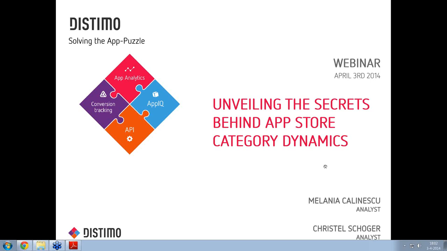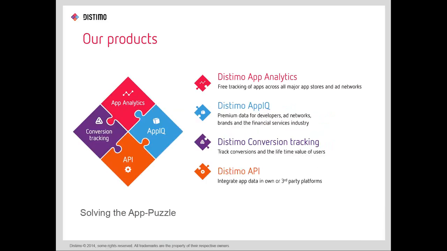All right. A few words about Distimo before we start to head into the details of the report. Some of you might not know us that well yet. We mainly have 4 products, and with these products we really analyze the app stores.